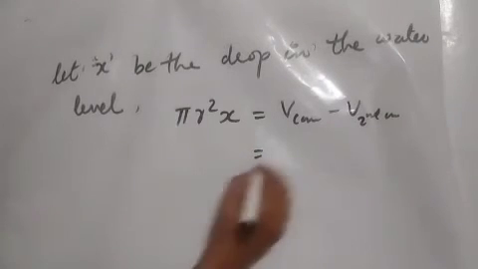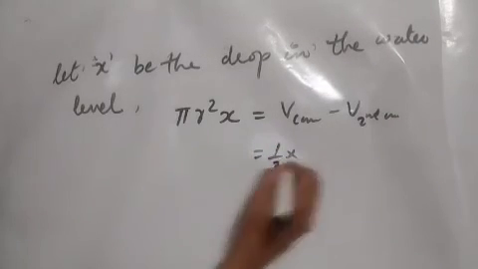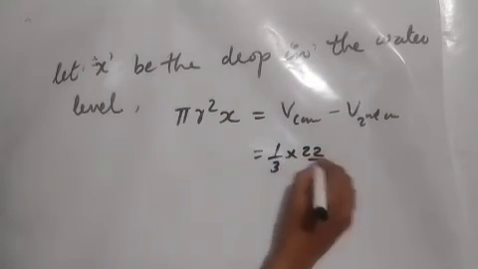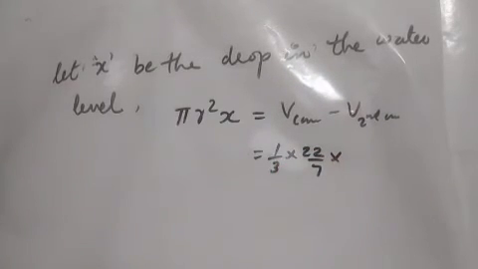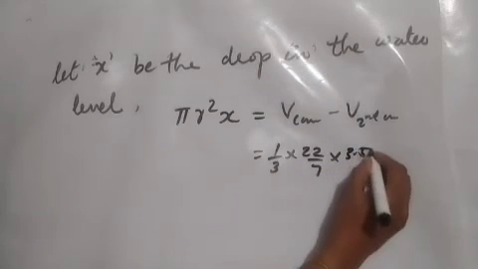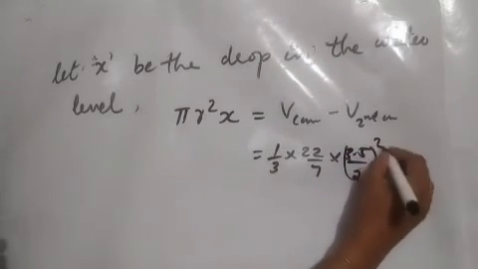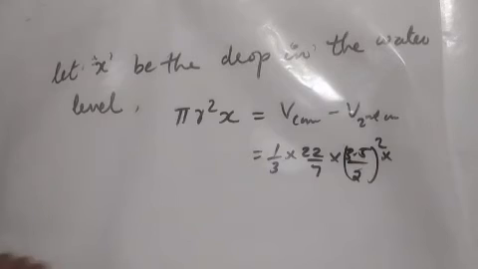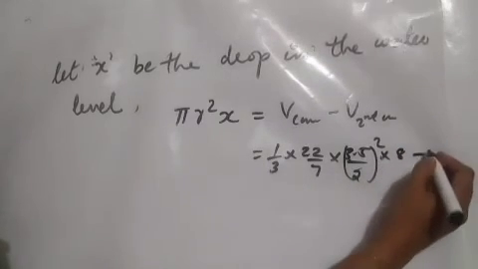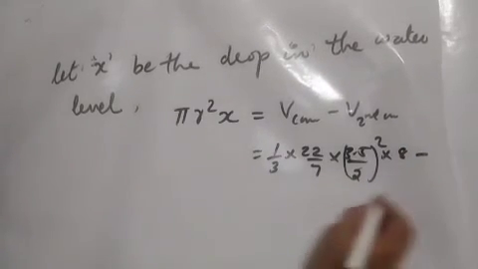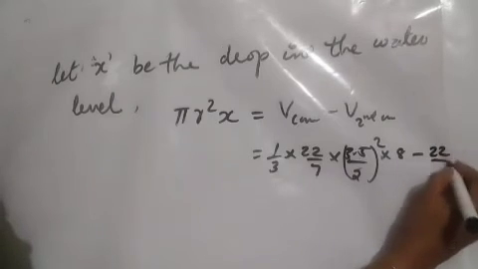The first cone we calculated, no? That is 1 by 3 into pi into, that is 22 by 7 into, what was the radius of the first cone? The diameter of the base is 3.5, so the radius is 3.5 by 2 and height 8, minus the second one, which is 22 by 3.